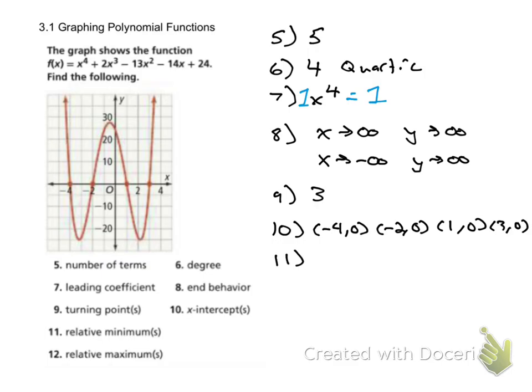And then our minimums, you could get on a calculator and trace it, but just looking at the graph, it looks like it's at about (-3.2, -25) and (2.2, -25). And the maximum looks like it's at about (-0.5, 27-ish).